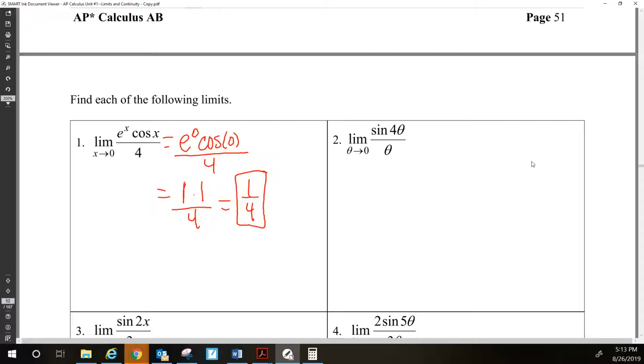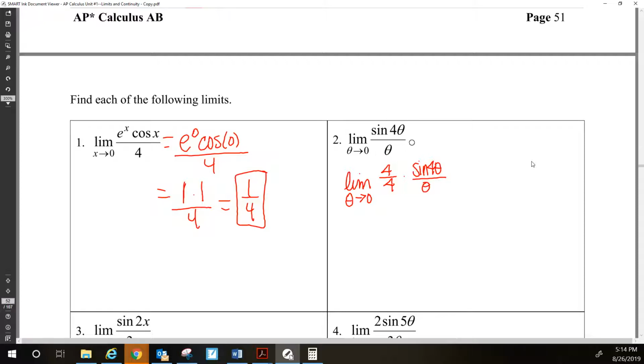All right, for number 2, what's wrong with this? If there was a 4 down here, what would the limit be? We just explored this, right? If there was a 4 down there, the limit of sine 4 theta over 4 theta would be 1. So what I'm going to do is make this the limit as theta goes to 0 of 4 over 4 times sine 4 theta over theta.